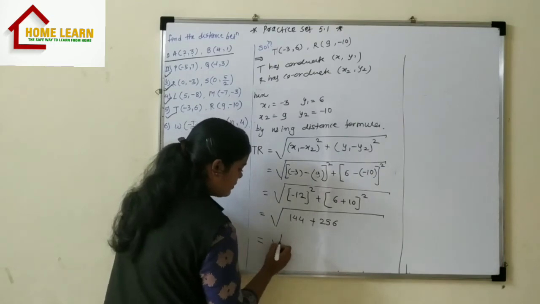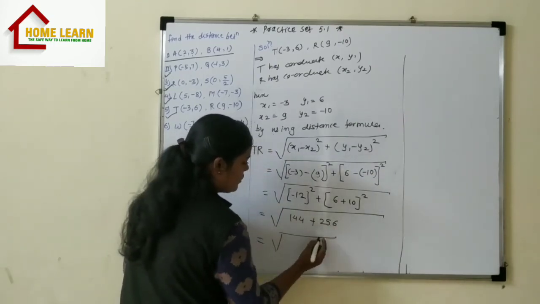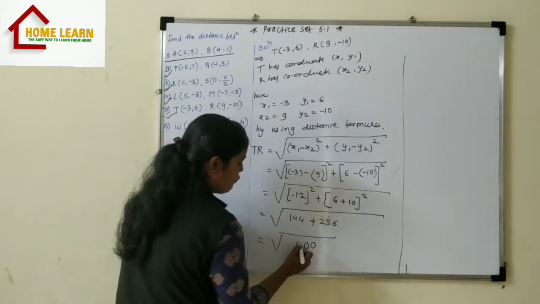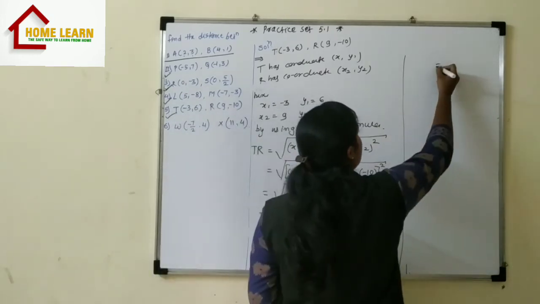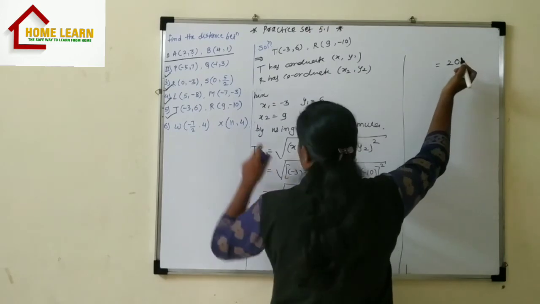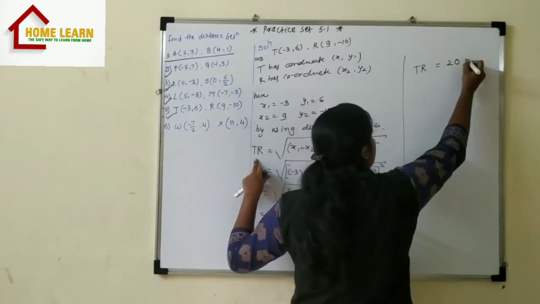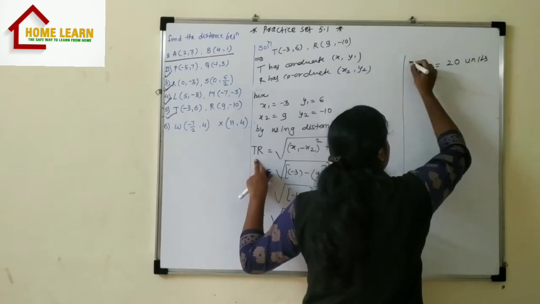Let's add them. We get 400. By taking the square root we get 20. That means the distance between points T and R is 20 units.